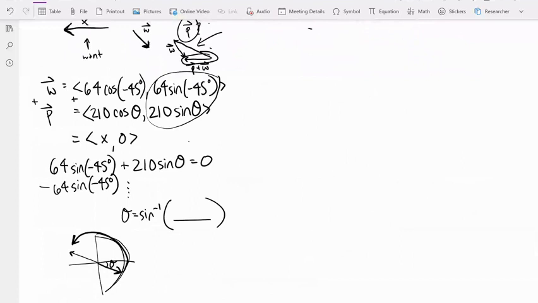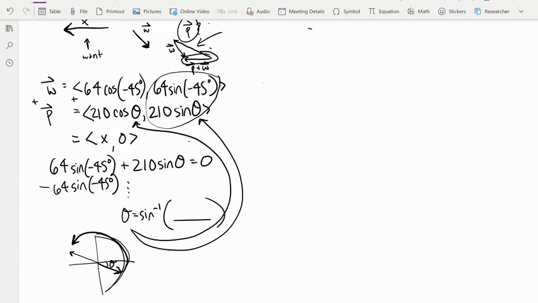So for the second part of part C, again, I'm not going to do this for you, so just make sure you're paying attention. Pause the video if you need to. Solve for theta, and then plug theta back in and find the magnitude, which in this case is actually pretty simple.